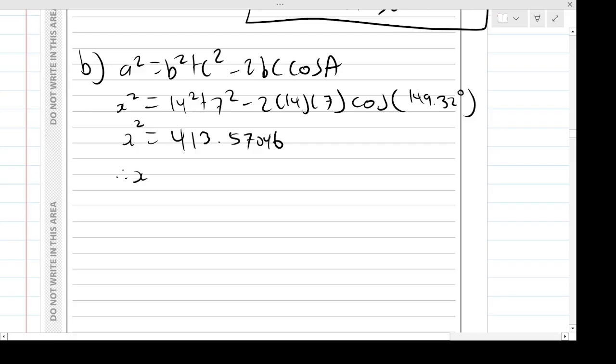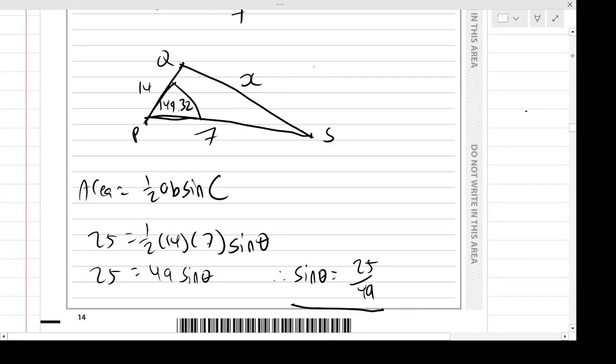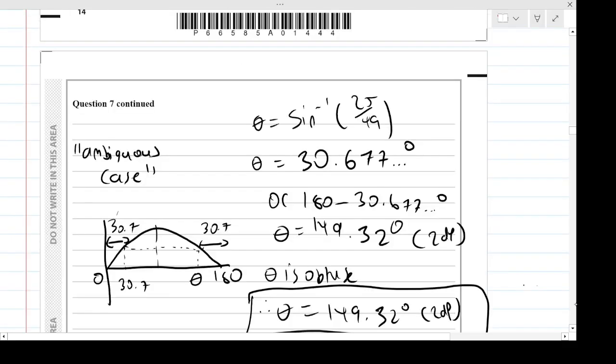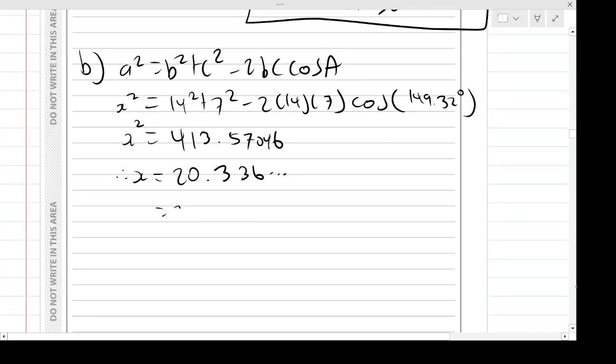So therefore x, if we root that, we get 20.336. Of course, you don't do plus or minus here because it will only be positive because it's a length. And to round it to one decimal place, that would be 20.3.